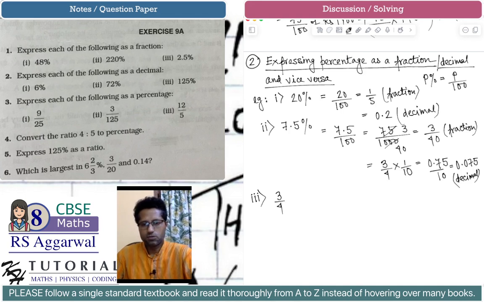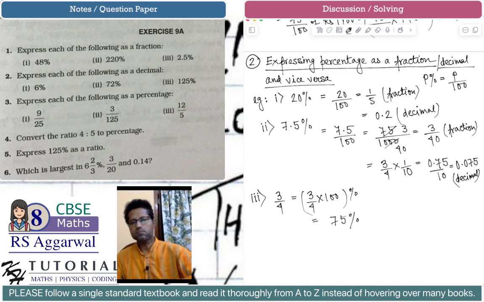You just multiply by 100, and this becomes 75 percentage. So when we are expressing the fraction 3 by 4 as a percentage, we are just multiplying the fraction with 100, and whatever that value is will be the percentage. So 3 by 4 as a fraction is equivalent to 75 percentage.